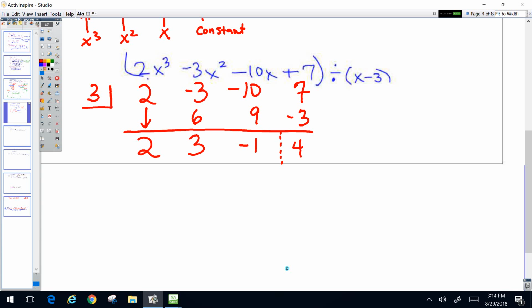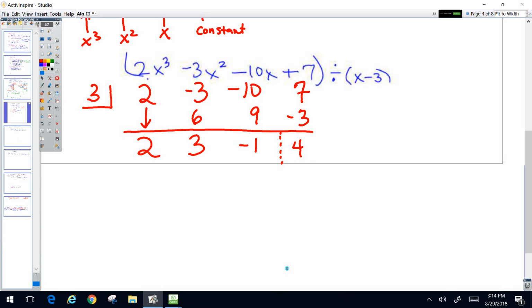So this one has a remainder. It is not 0. Because it has a remainder, x minus 3 is not a factor. If it were a factor, that remainder would be 0.